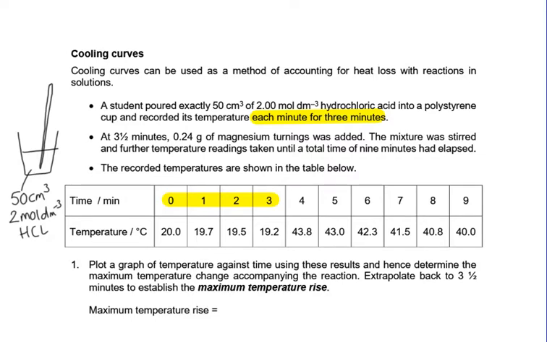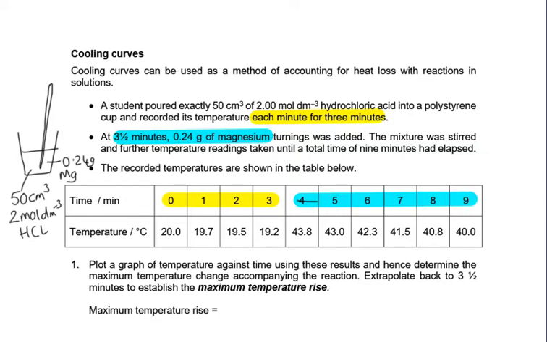And then it says at 3.5 minutes, magnesium turnings were added. So 0.24 grams of magnesium. You're not measuring the temperature at that time because you're busy adding the magnesium and stirring. And then the temperature was taken for more minutes.